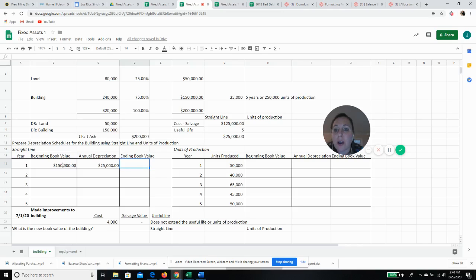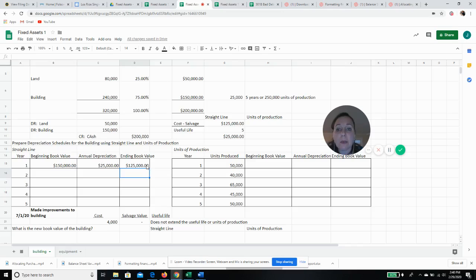As we depreciate more and more years, our book value will decrease. Remember, book value is the cost of the asset minus the accumulated depreciation. So it's going to be our beginning book value of $150,000 minus our annual depreciation of $25,000 for an ending book value of $25,000.